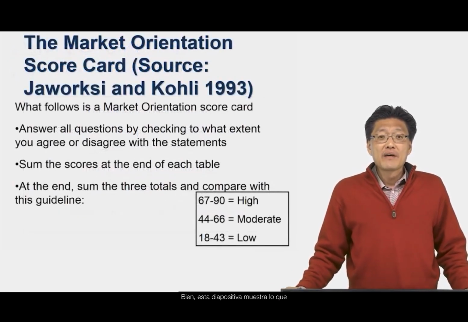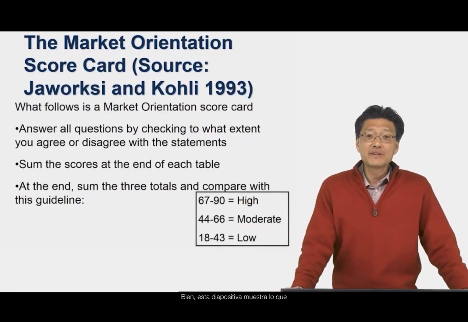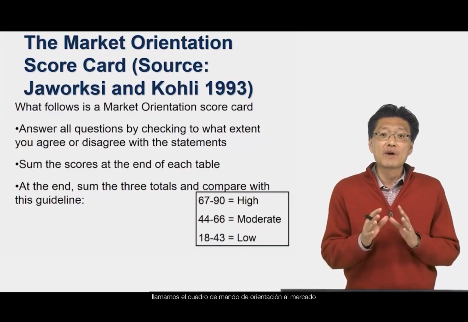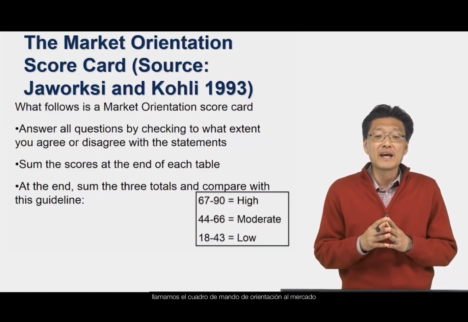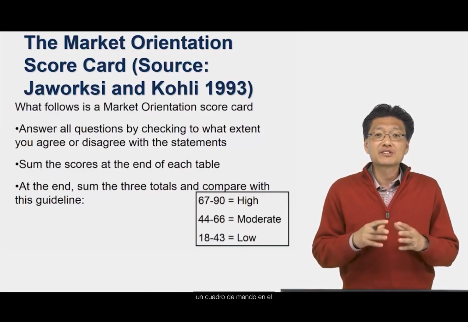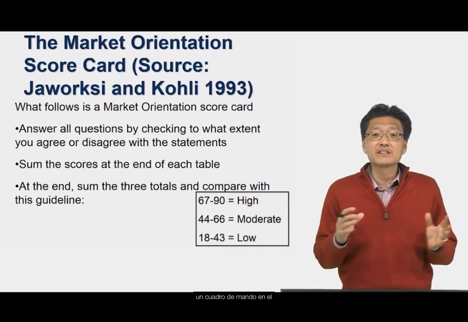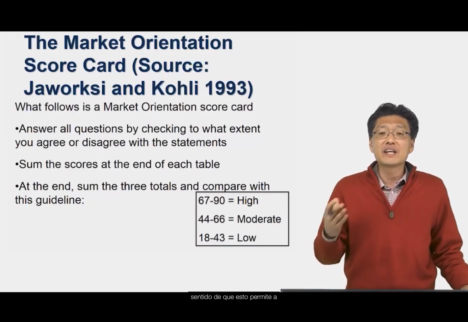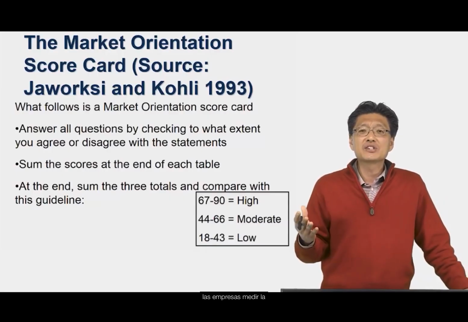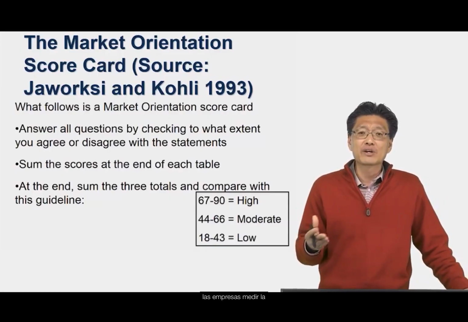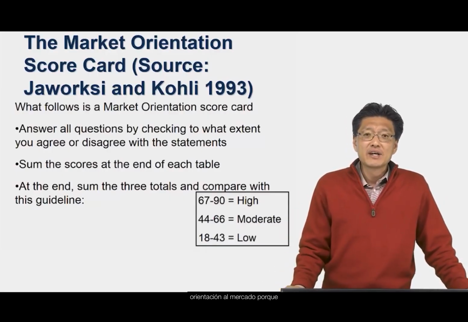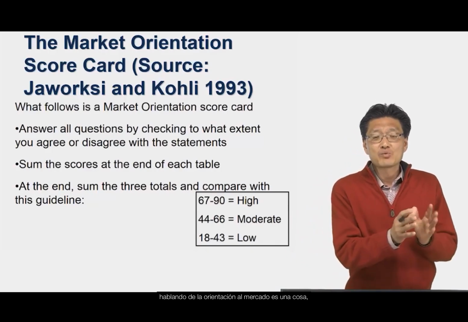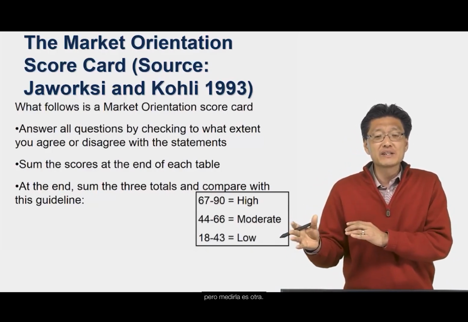Okay, so now this slide shows you what we call the market orientation scorecard, and it's a scorecard in the sense that this enables companies to measure market orientation, because talking about market orientation is one thing, but measuring it is another.